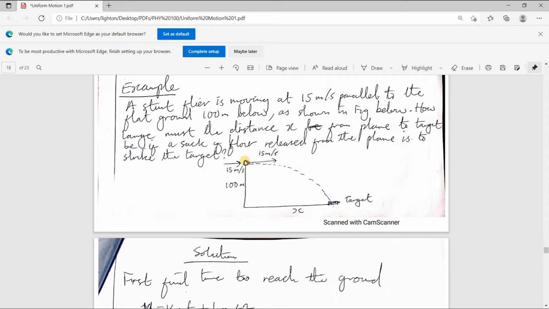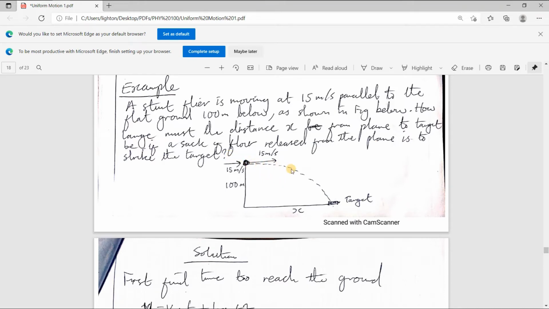We want to strike this target, which is a distance x from the point at which it was released. How large must the distance x from the plane to the target be if a sack of flour released from the plane is to strike the target?